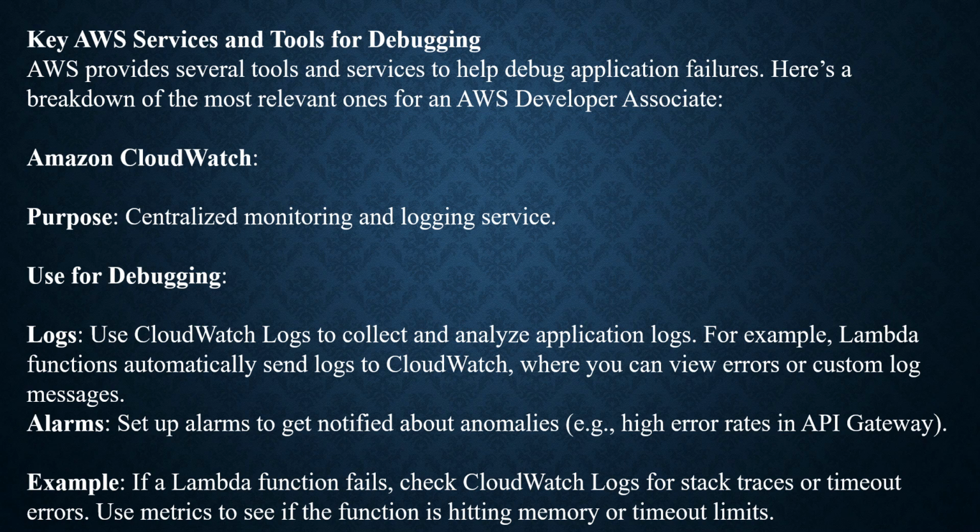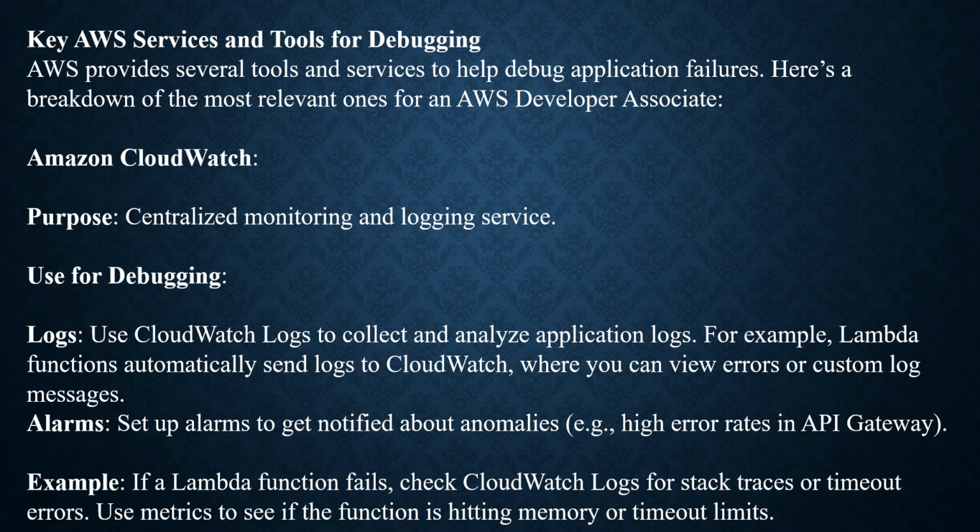First of all, we'll go with Amazon CloudWatch. The purpose of it is centralized monitoring and logging services. The use for debugging here is to use CloudWatch Logs to collect and analyze per-application logs. For example, Lambda functions automatically send logs to CloudWatch where you can view errors or custom log messages.